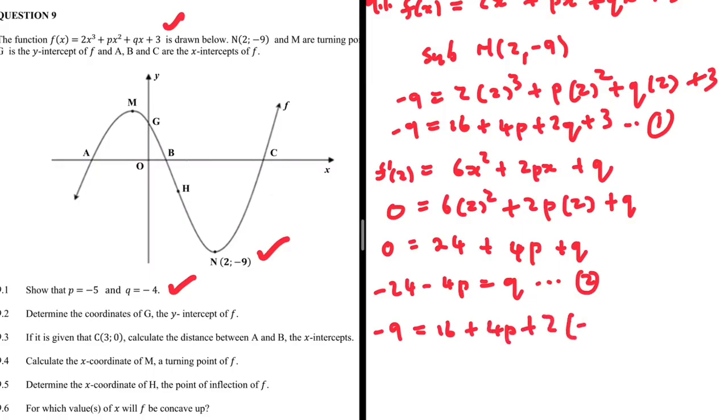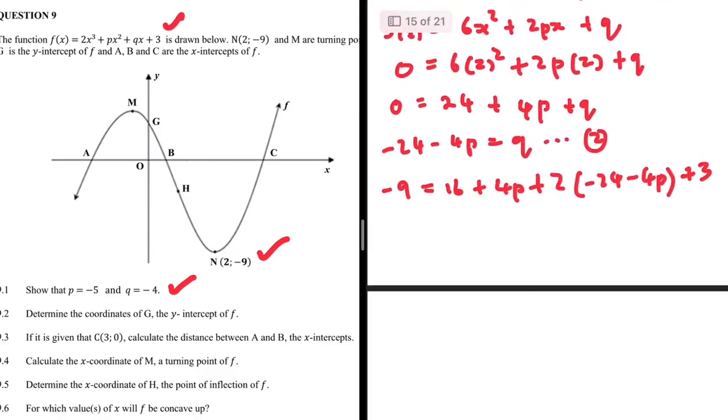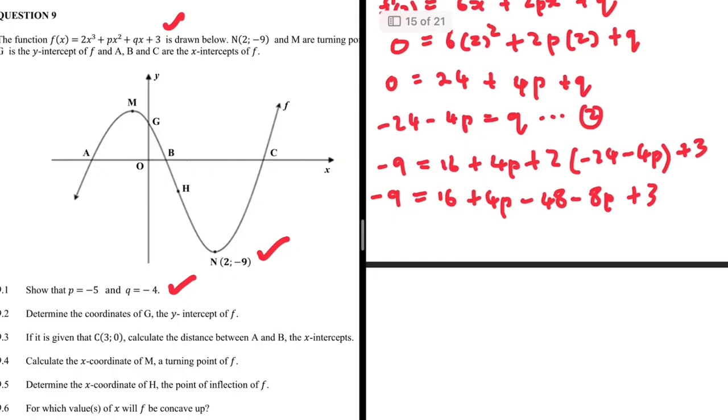But we know that q is minus 24 minus 4p. And then plus 3. So we are going to have minus 9 being equals to 16 plus 4p minus 48 minus 8p plus 3.